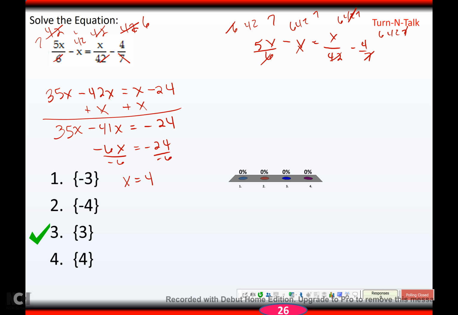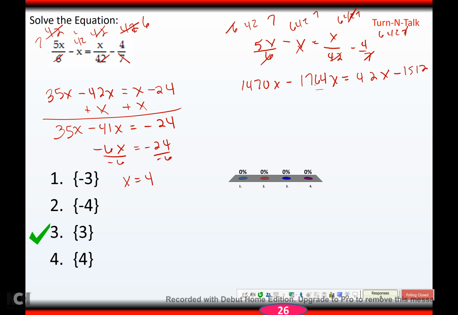So I'd have 42 times 7 times 5 is 1470x minus, sorry, 6 times 42 times 7, 1764x equals 6 times 7 is 42x minus 4 times 6 times 42 is 1512.